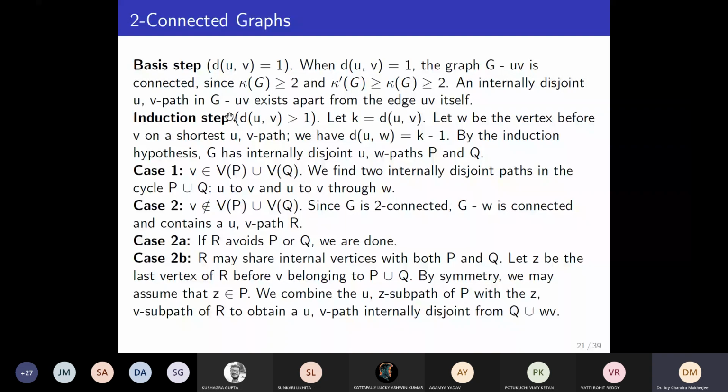So there is no question of, since the number of vertices doesn't decrease, so kappa G stays the same.